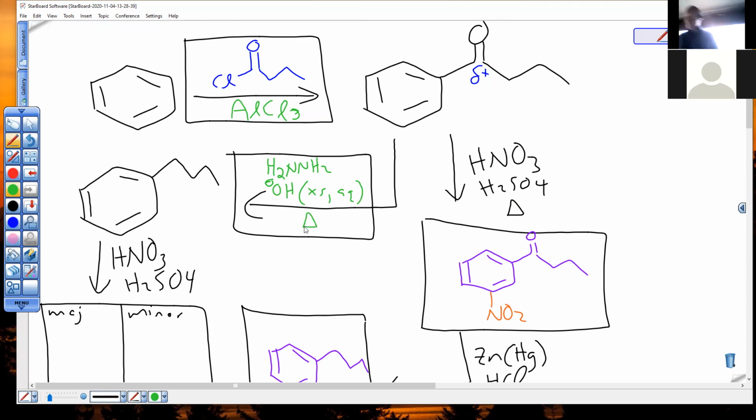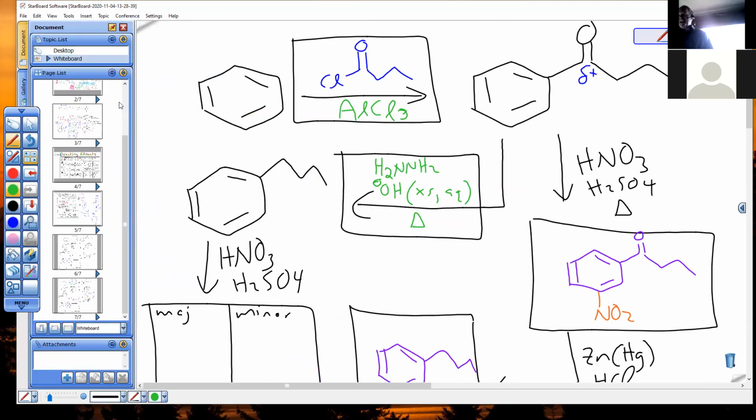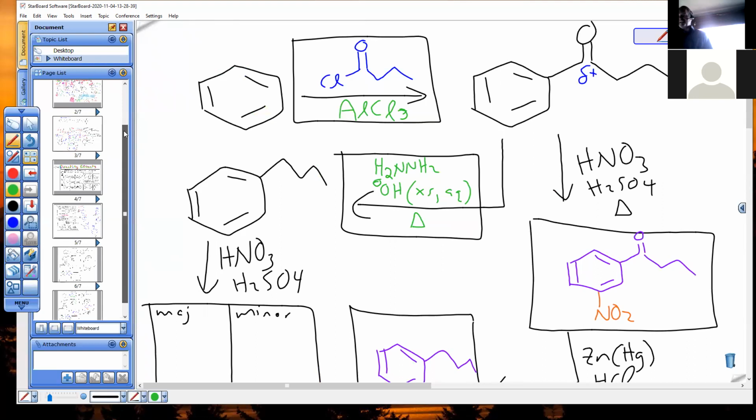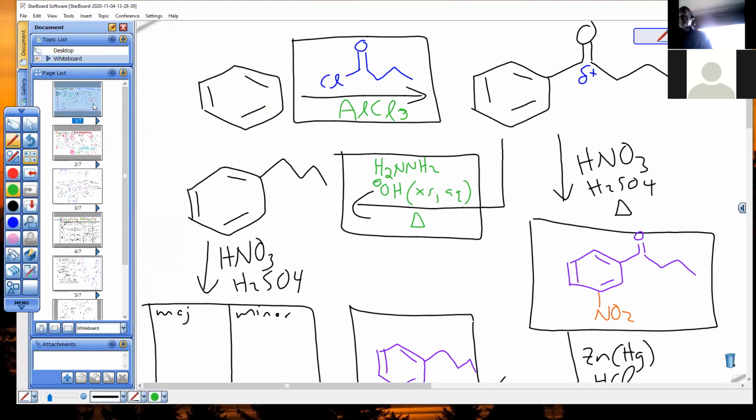That was called the Wolff-Kishner reduction, chapter 16. The main reason we learned it, if you look, we have a primary R group on benzene. Putting any R group on benzene is incredibly important.